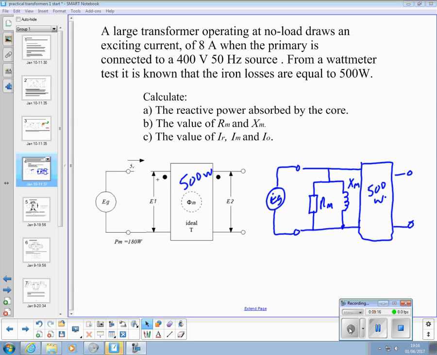Knowing what we know there, what can we find? We've got generator voltage, 400 volts. We've got a power, and we've got a voltage.